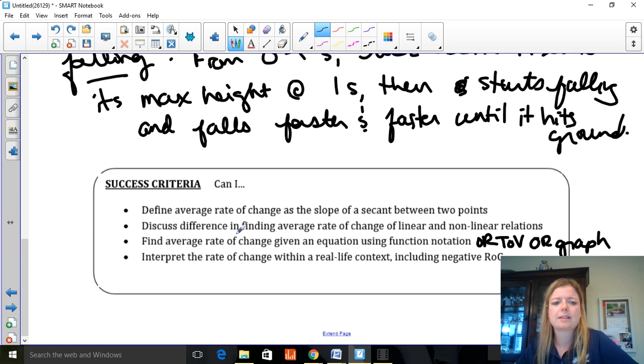Okay, any of these things actually. And then once you have the rate of change, this is crucial: you need to be able to interpret it within the real life context, including if the rate of change is negative. Okay, so that's our note for today on average rate of change.